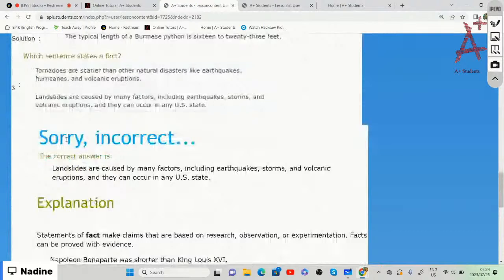All right, so which sentence states a fact? Tornadoes are scarier than other natural disasters like earthquakes, hurricanes, and volcanic eruptions. And then we have landslides are caused by many factors, including earthquakes, storms, and volcanic eruptions, and they can occur in any US state.